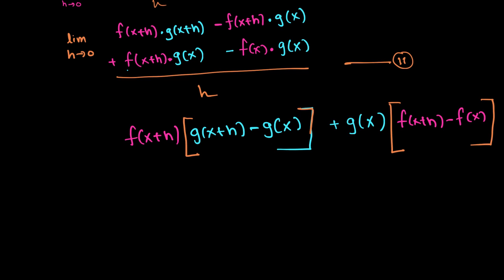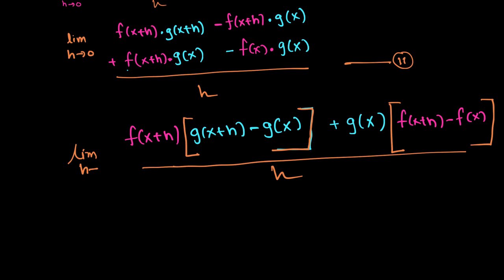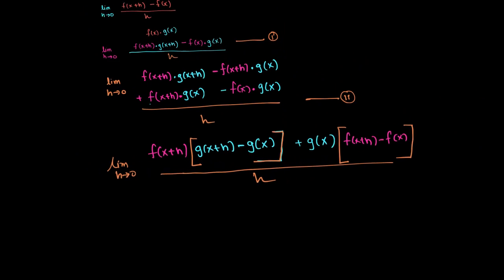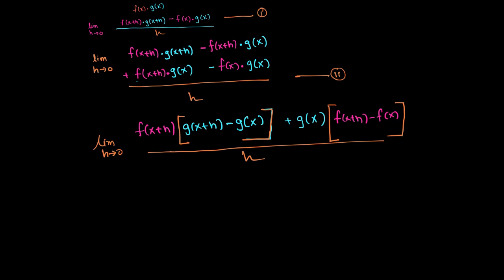And you have the h divided at the end, so let's just write that. So let's write the h that is divided, and also we have to put the limit that h is going towards 0. So now we have rearranged the original definition of the derivative and represented it in a different form.